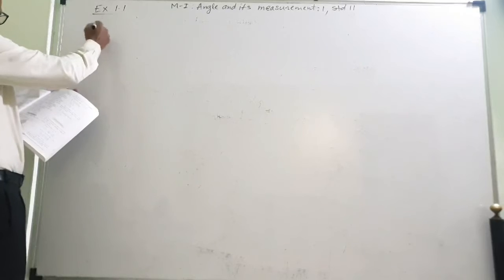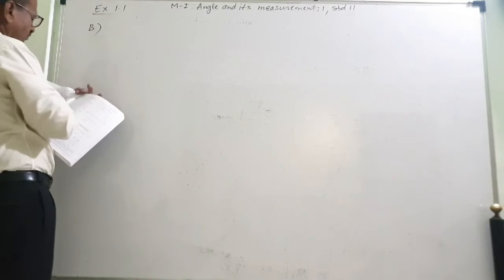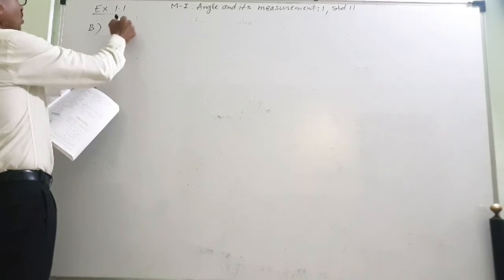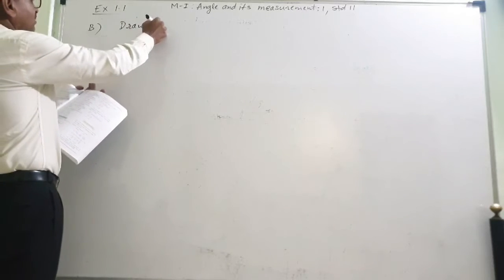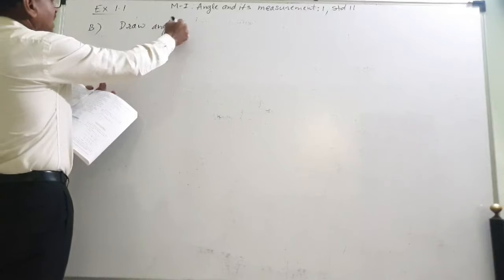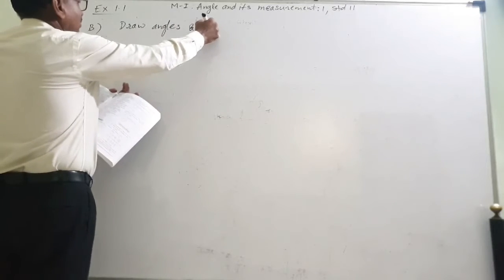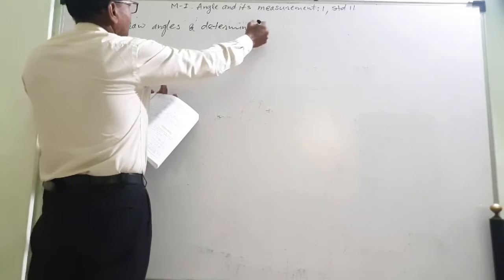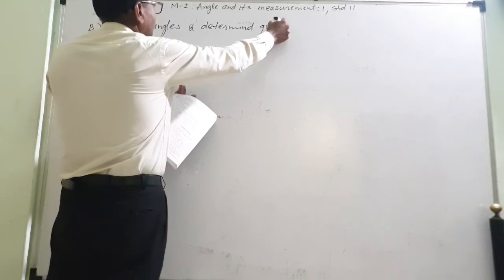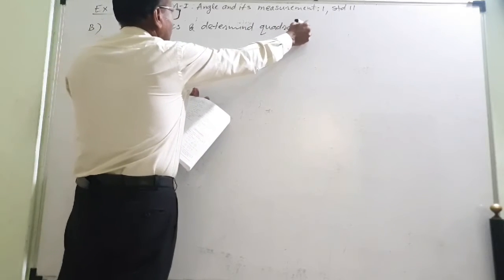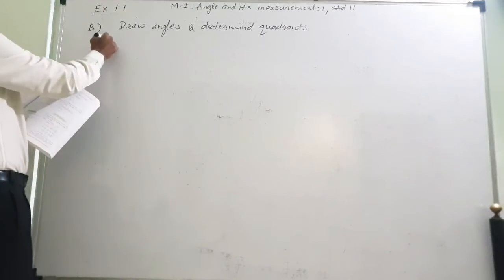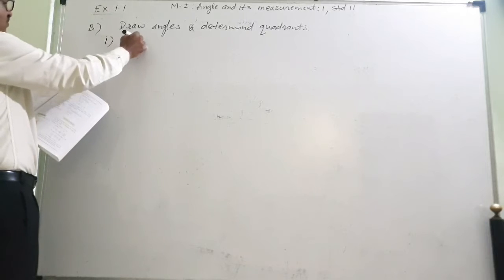B is: draw the angles and determine their quadrant. First is minus 140 degrees.